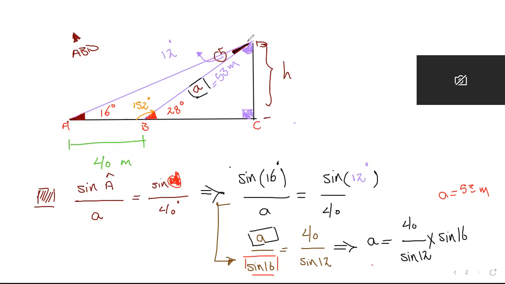It's just 20 degrees here. I have this length 53. And I have 90 here, and I have the hypotenuse as 53. Am I right?